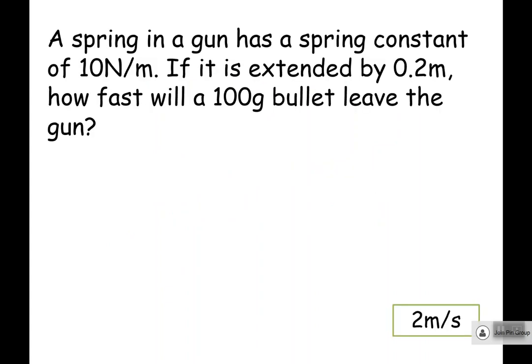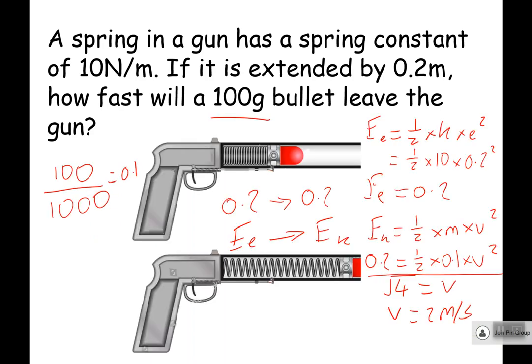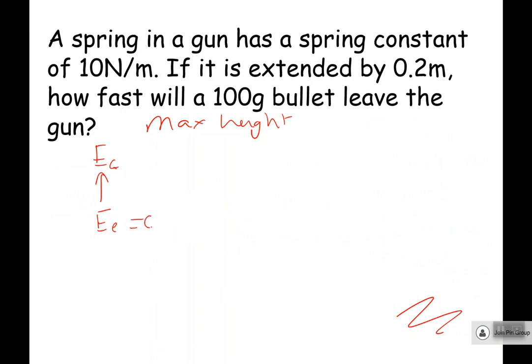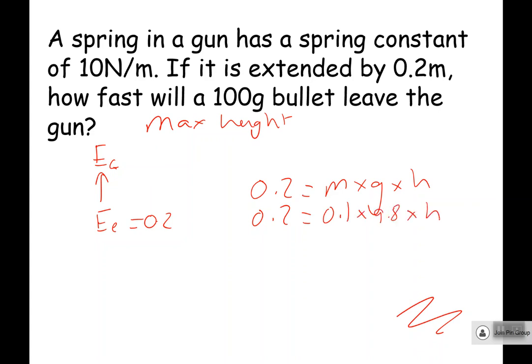So I'll tell you what, let's have a quick go at that. So if we've got this, and let's say we want to work out the maximum height, same thing. To start off with, that gun is going to have elastic potential energy, and it's going to be converted to gravitational. We said to start off with that the elastic potential energy was 0.2. So we could say 0.2 is equal to m times g times h. 0.2 equals, we know that's 0.1, g is 9.8 on Earth, and then we don't know what h is.